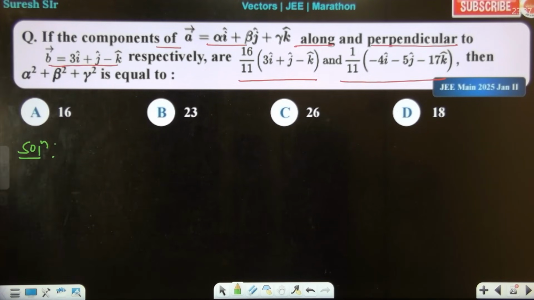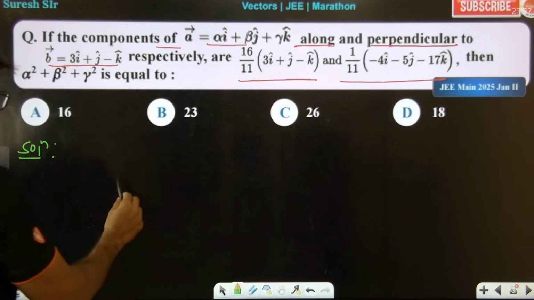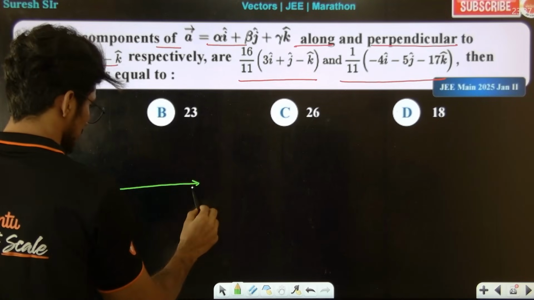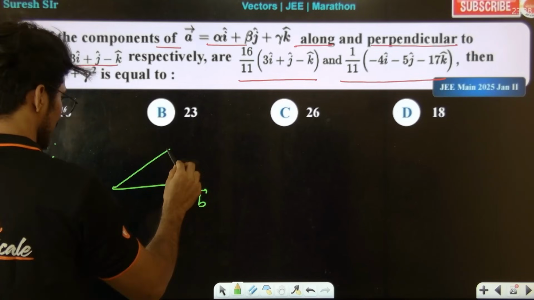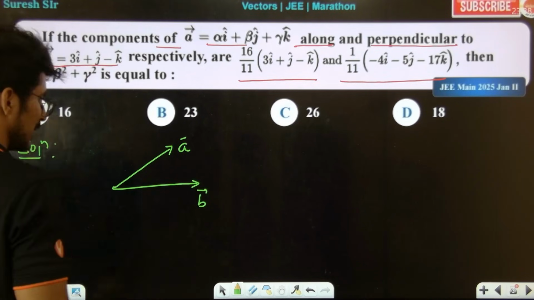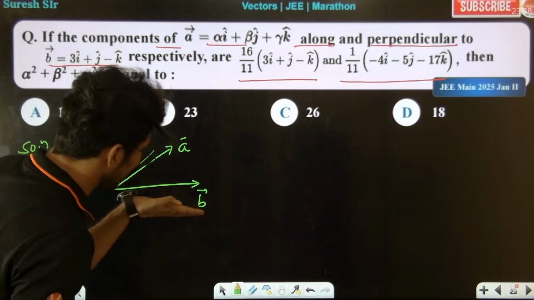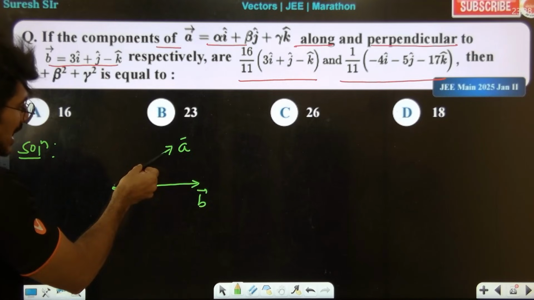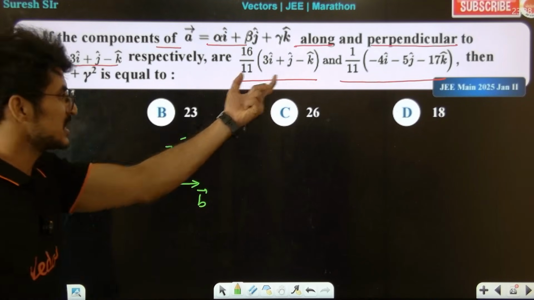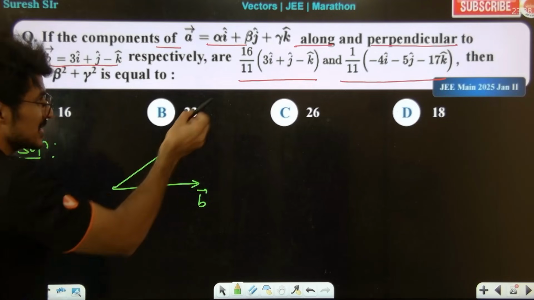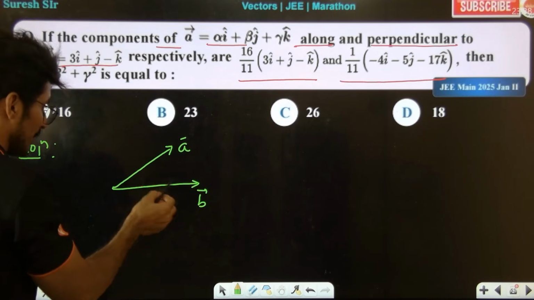Components of A along B. Let us take this is the B vector, and this is the A vector. The component of A along B is this, and the component of A perpendicular to B is what?